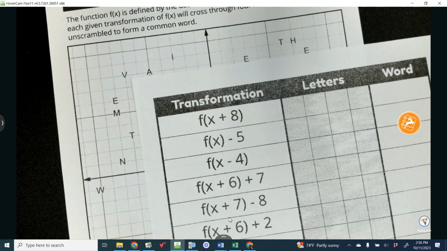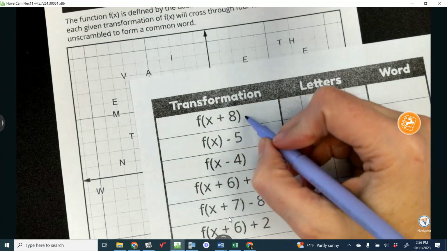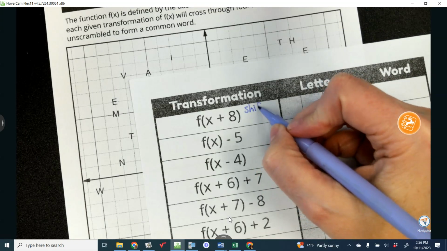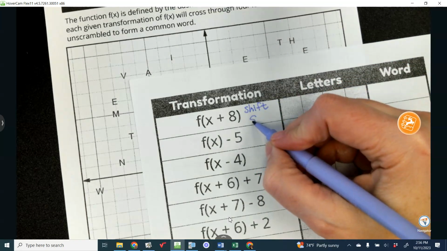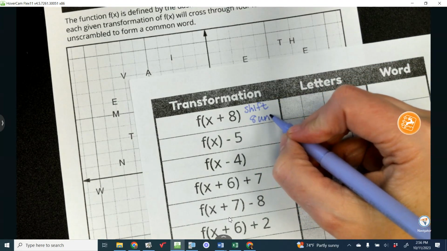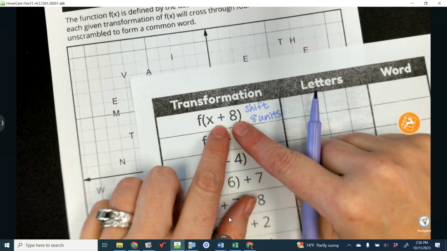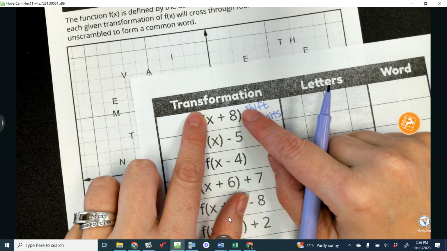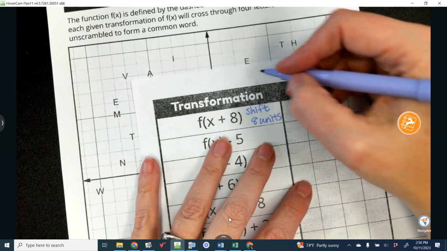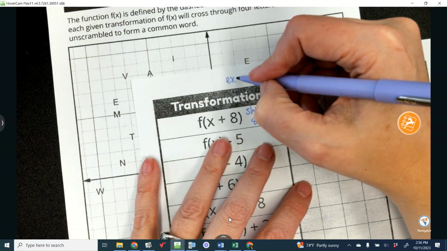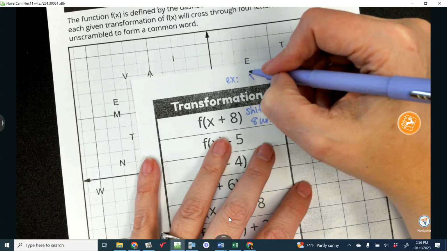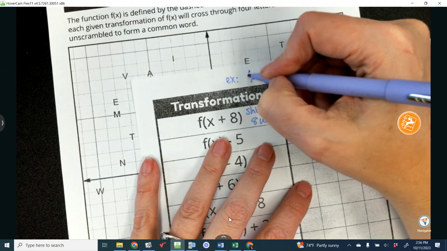But basically all this means, of course, shift 8 units. And which direction is that? This is a shift 8 units. And since it's inside of the X, like we had, for example, X plus 8.